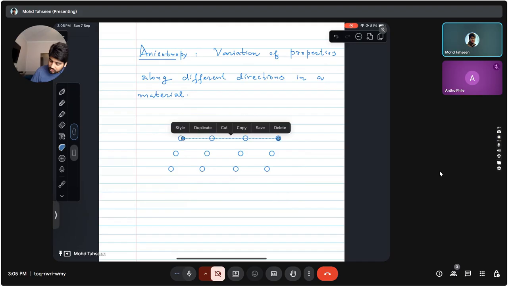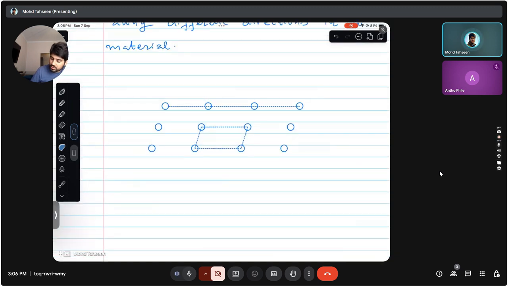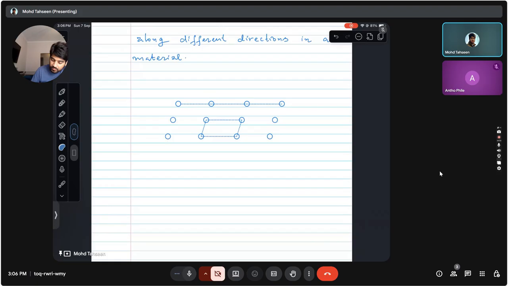Right? So if we take a unit cell of this crystal structure, this would be its unit cell, right? And what we see in this unit cell is that this bond length is greater than this bond length, right?